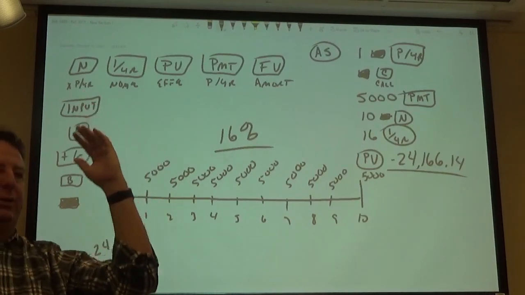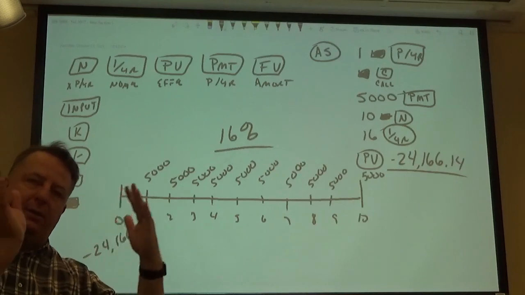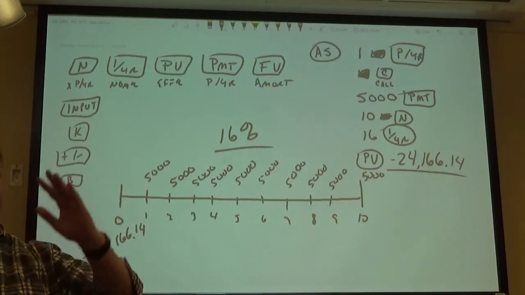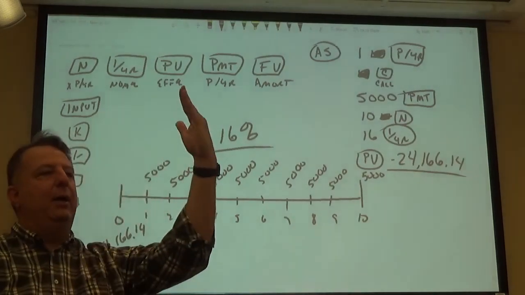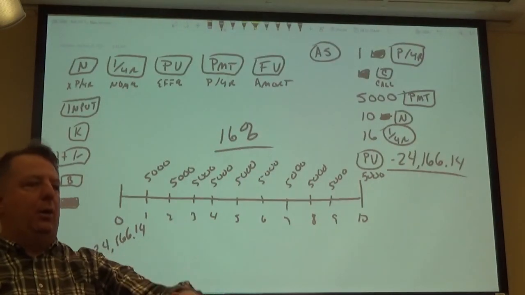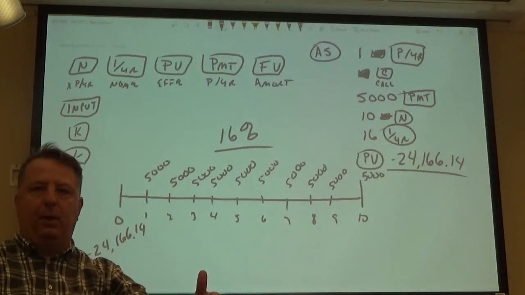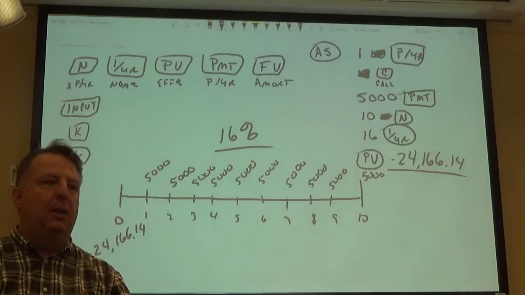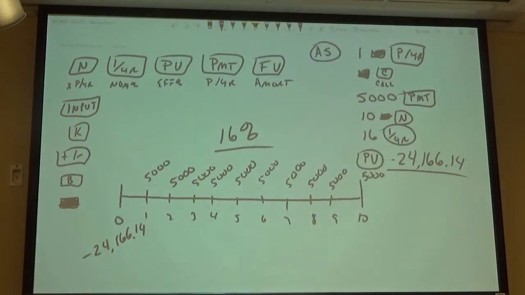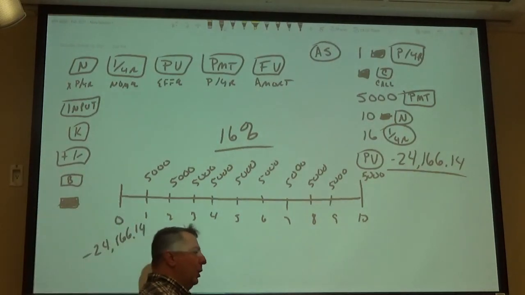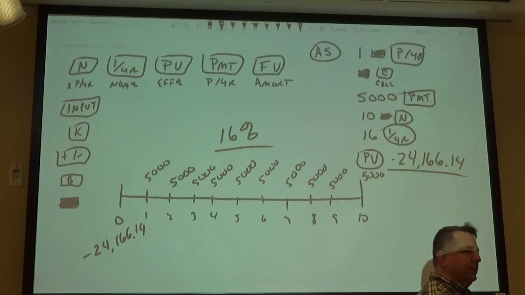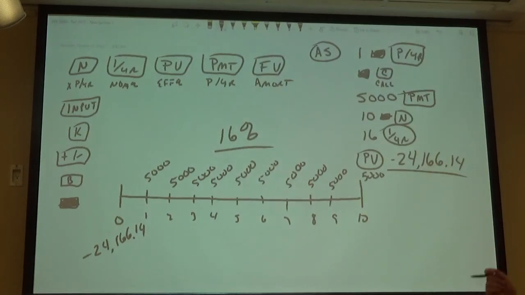And the final posting, at least the way that we tend to think about it, maybe not completely reality, is the posting really doesn't fully occur until the end of the month. Okay? And the reason I'm saying this is because your calculator and Excel will allow you to make the choice as to whether or not a payment is made or received at the beginning of the period versus the end of the period.